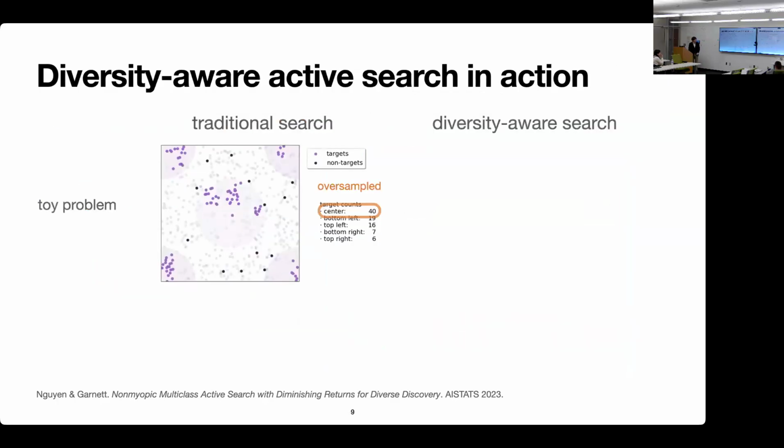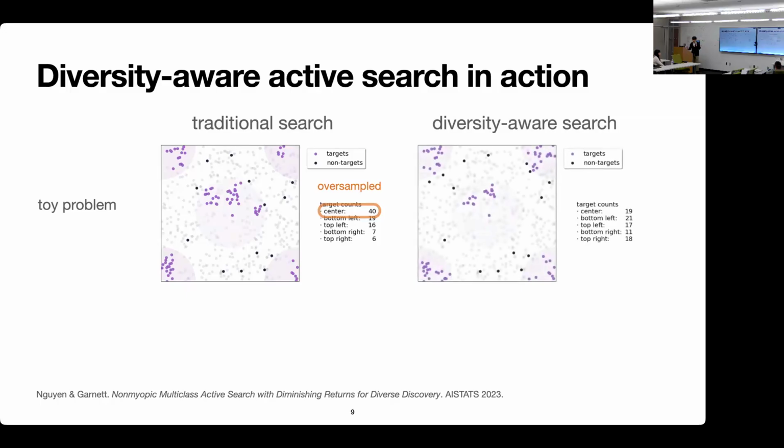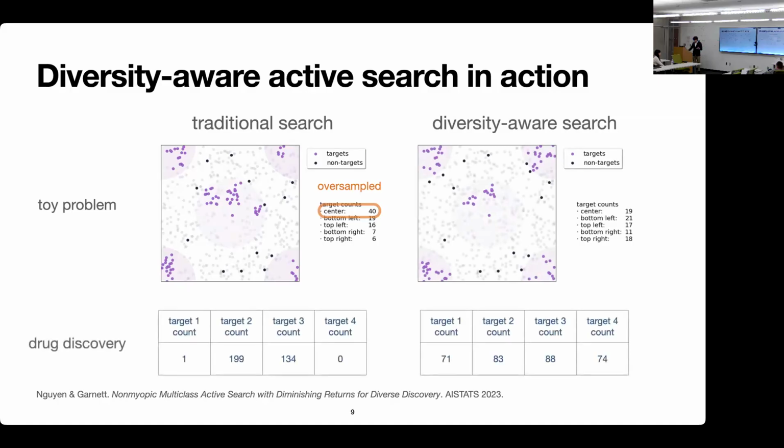So let me show you the effect of the policy that we just designed. First, by comparing against the behavior of the binary active search setting, where we saw that it might oversample a region with a lot of good data points that it has discovered, a diversity-aware active search policy that we just designed will be able to more equally distribute its queries across the different classes, which is exactly what we wanted to do with our utility function with diminishing returns.